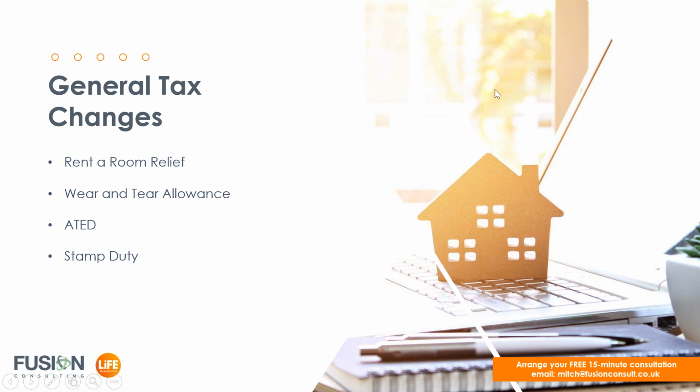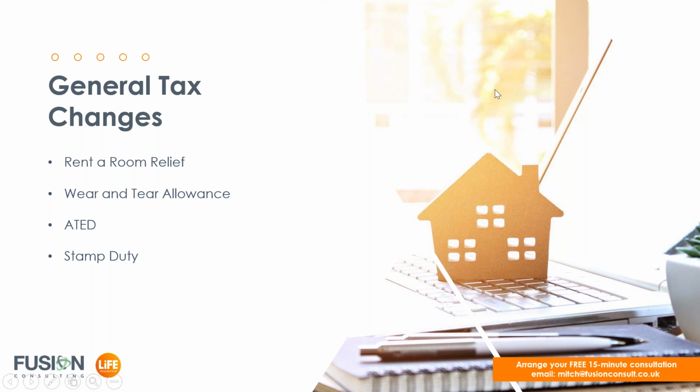Furnished property is where you're renting it with furniture, beds, equipment, curtains, cookers, etc. And previously, you would get a deduction against the rental income of 10% of the gross rent. So a lot of landlords used to rely on this deduction because it was a nice amount, 10% of the gross rents to be deducted, which obviously reduced the profits and then reduced the tax.